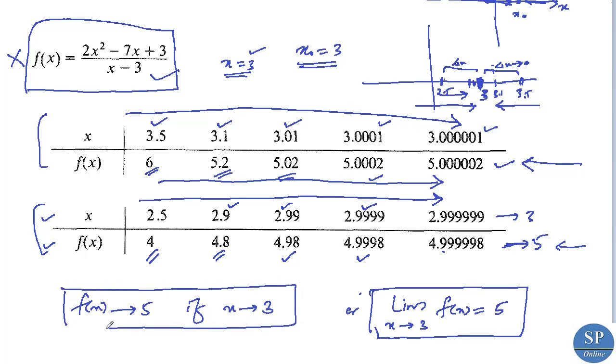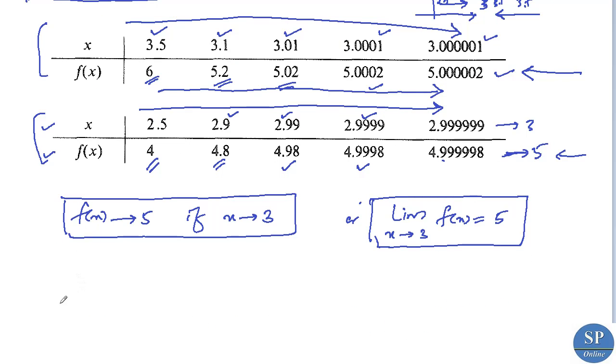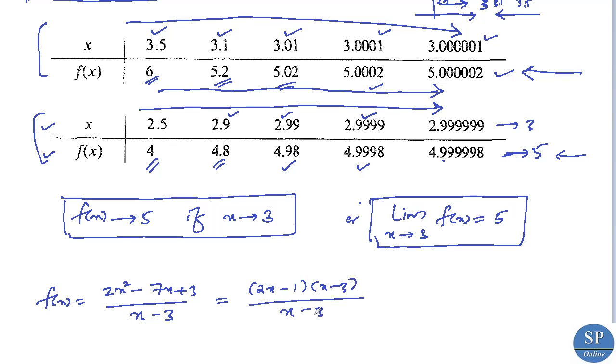Okay, another way of finding this limit: we have our function f of x equal to 2x square minus 7x plus 3 divided by x minus 3. The function in the numerator can be factorized like this: 2x minus 1 into x minus 3, divided by x minus 3.